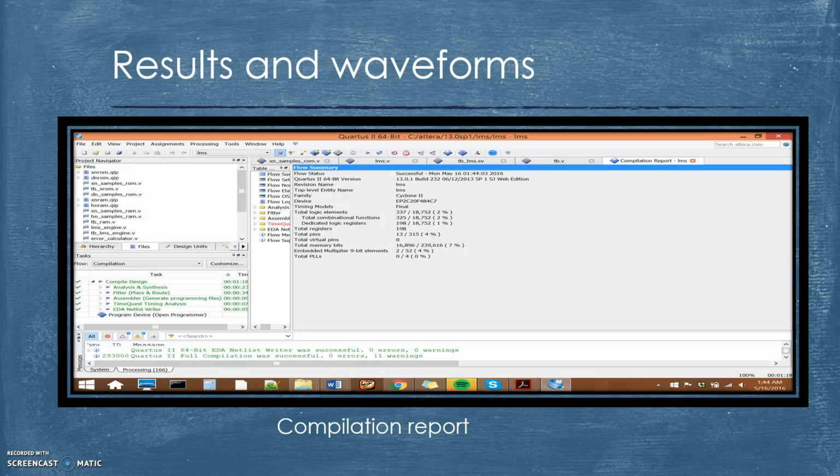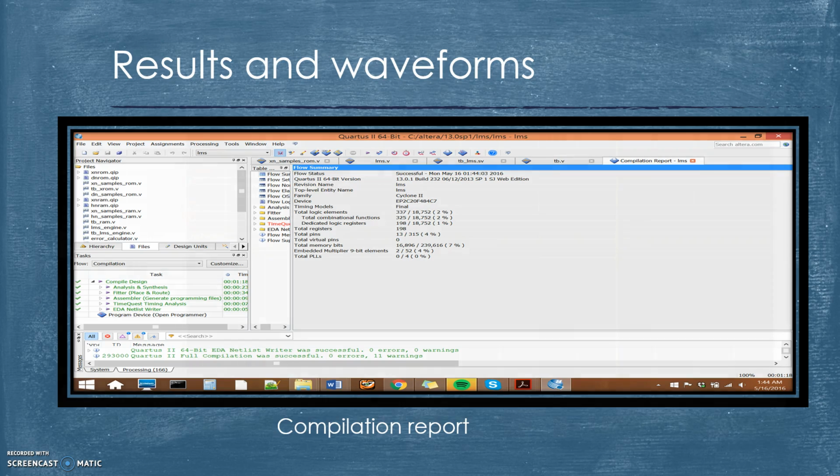As the design was formed, it needed to be compiled. So the entire file which we have made, we worked on the Altera Quartus tool, where we compiled our design. After the compilation of the design, there was no error, and hence we were given the green signal to go towards the simulation part.